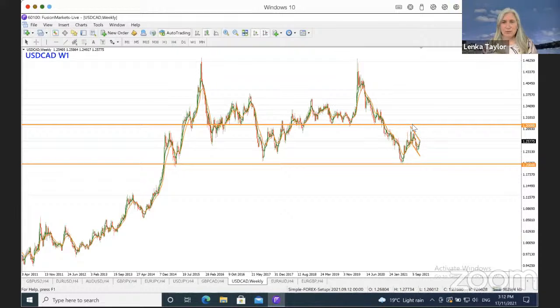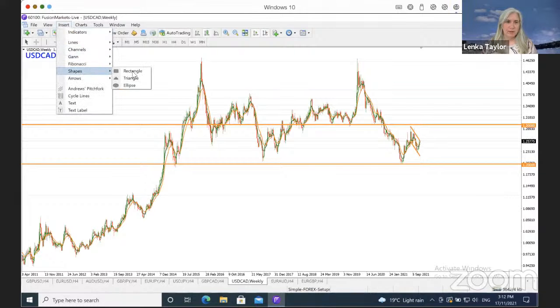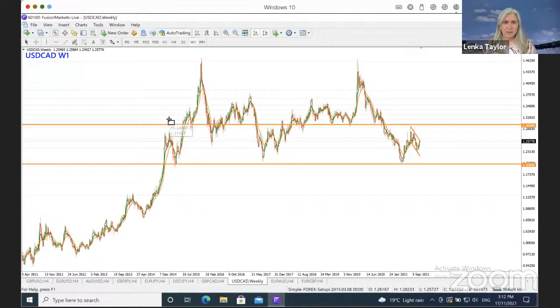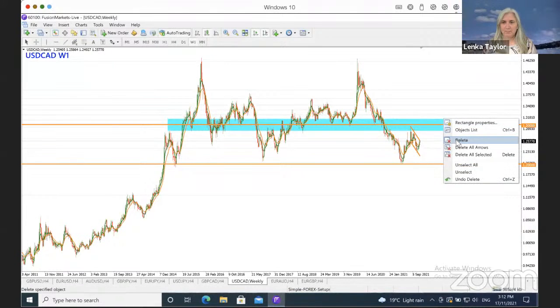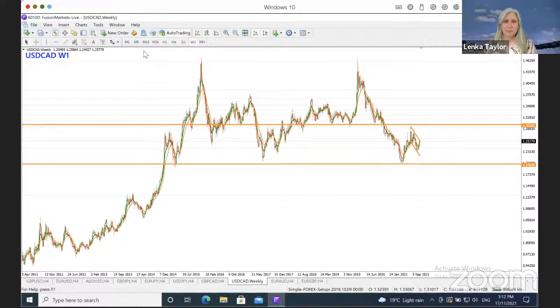It's not really just a line. It's like an area. So anywhere within the sort of area around. So like here, the area would be something like that. The line is just a reminder for me to check if the price is coming to that level. Hope that helps.